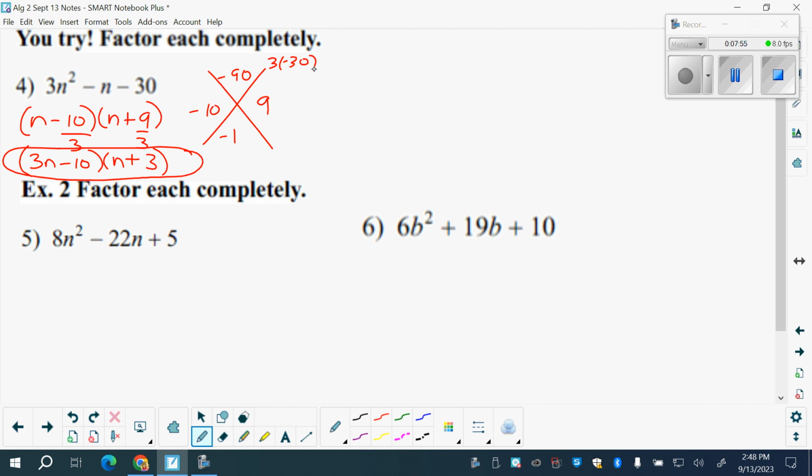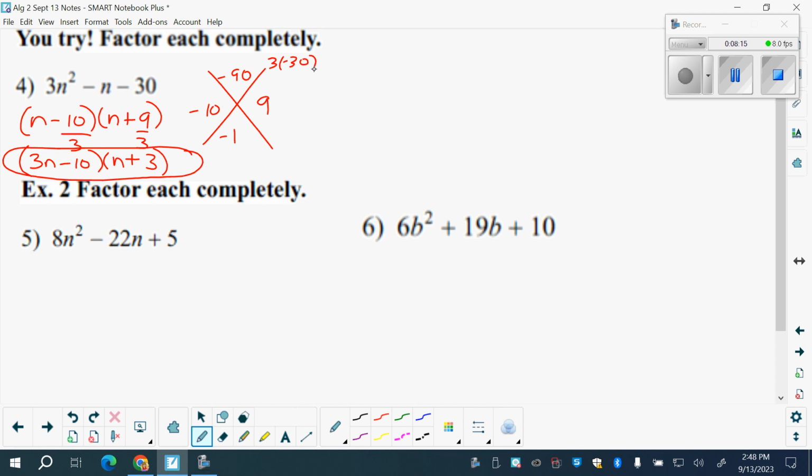That's correct. Anything besides itself and 1. So is 3 prime? Yes. I have given you ones that had all prime numbers as your leading coefficient. Is 8 prime? It's not. So sometimes when you have one that's not prime, then there's going to be an extra step.